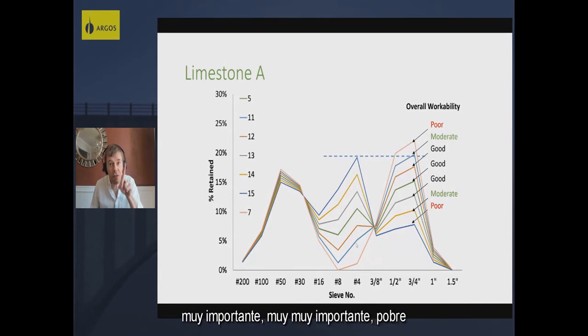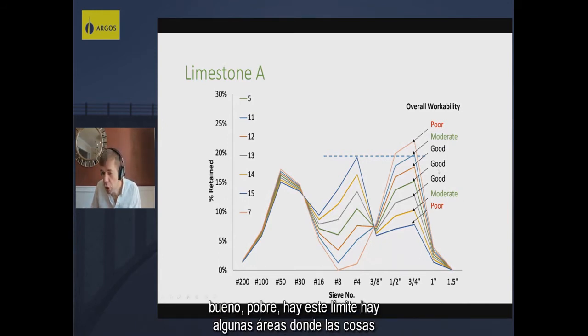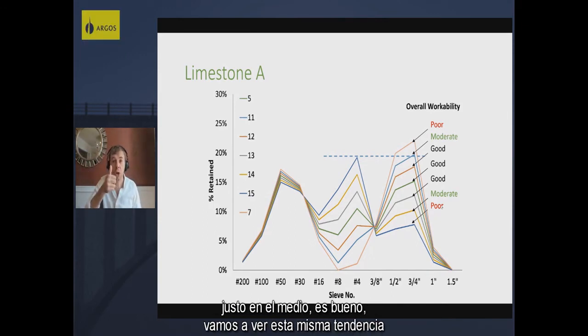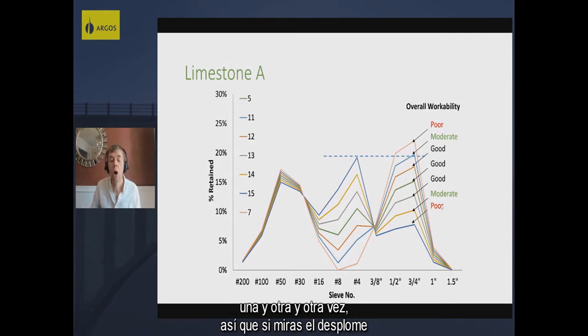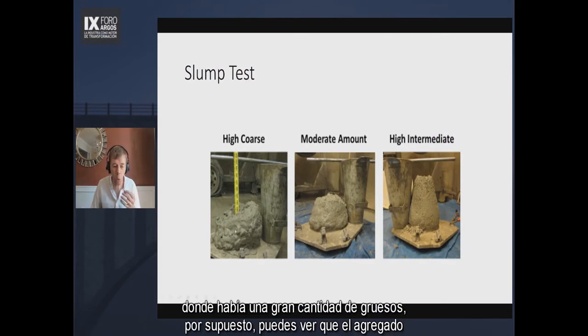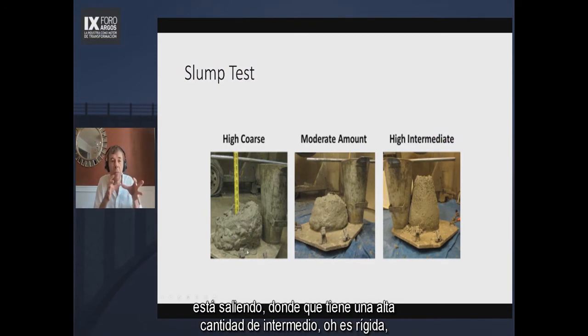And let's look. This is very important, very, very important. Poor, good, poor. There's like this boundary. There's some areas where things are bad, some areas where things are bad, but right in the middle, it's good. We're going to see this same trend over and over again. So again, if you look at the slump, where it had a high amount of coarse, you can see the coarse is coming out.